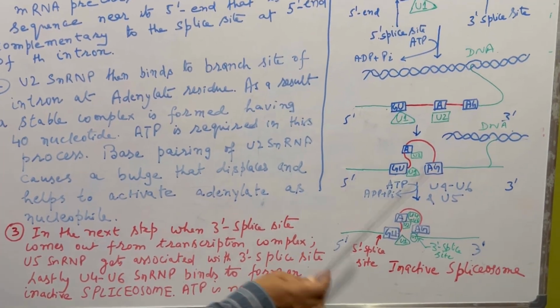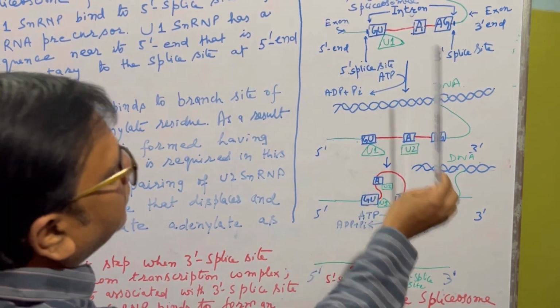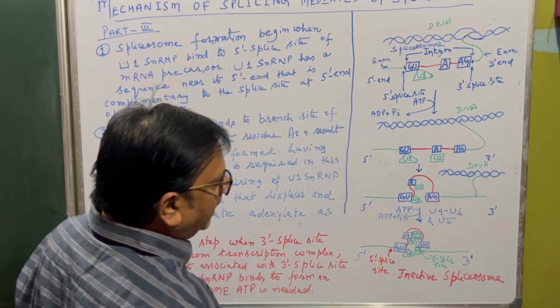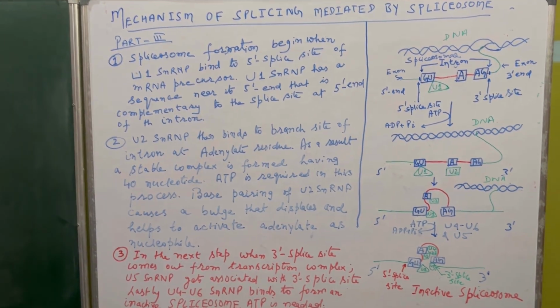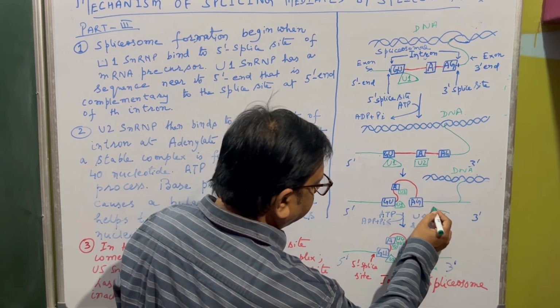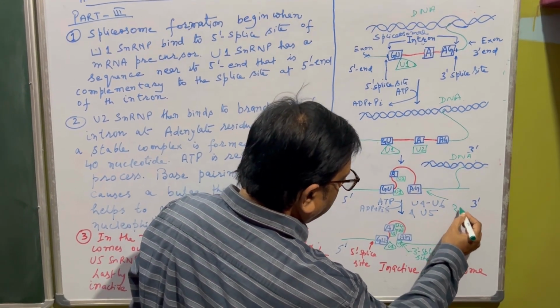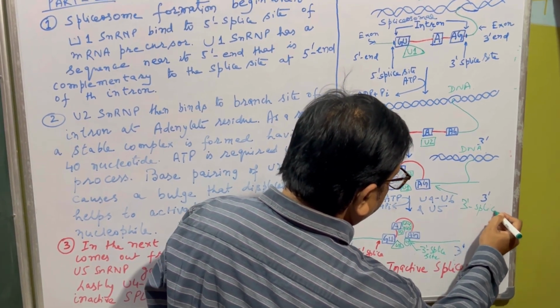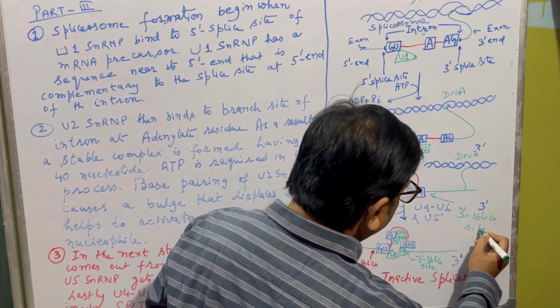Now, as the transcription grows, as the mRNA synthesis grows, what will happen? The 3' splice site will also be synthesized, that is, it will come out.